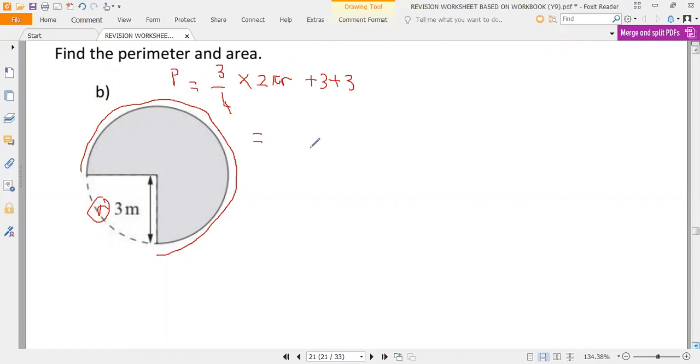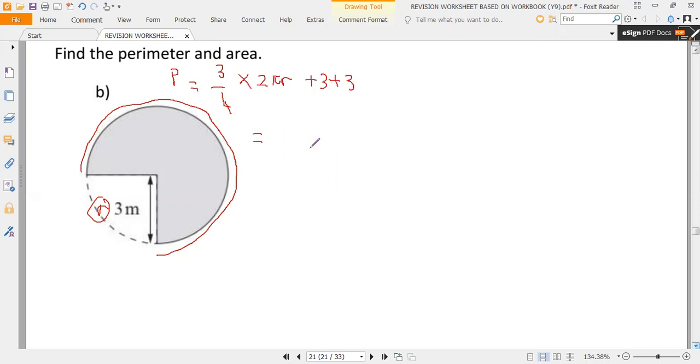This is for perimeter. So 2 times pi times r, which is the radius 3, times 3/4, 14.13 something.